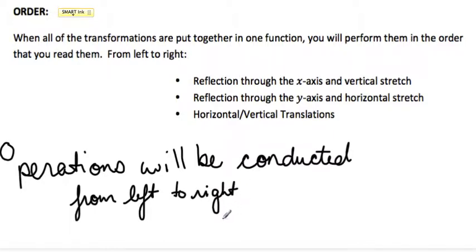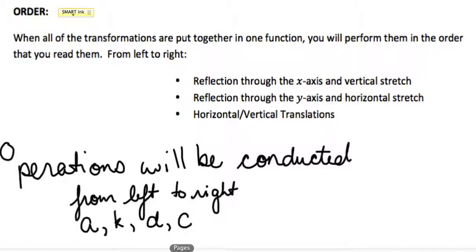Okay? So that means that we will go in the order of transformations of A, then we will do the transformations that K yield, then we'll do the transformations of D, and then we'll do the transformations of C. Okay? So we'll do A, then K, then D, then C.